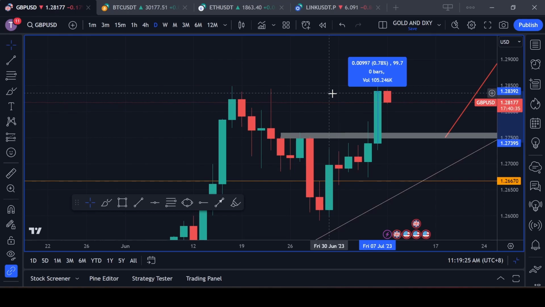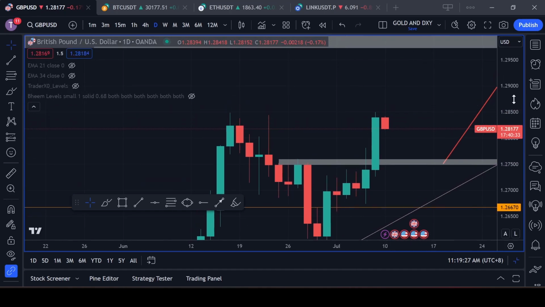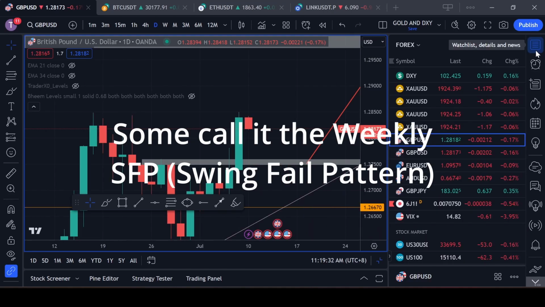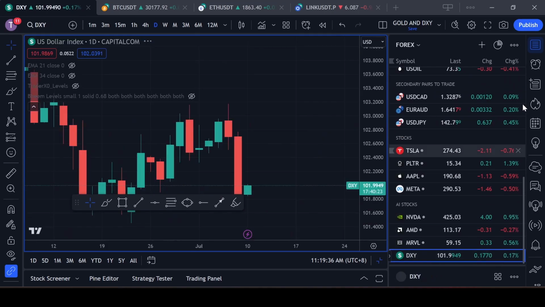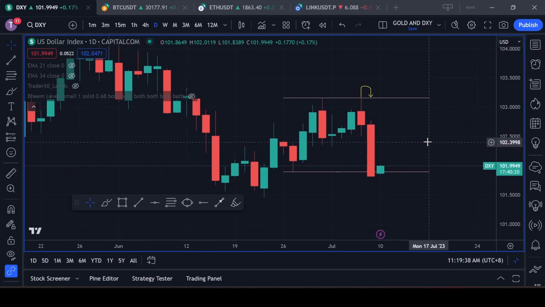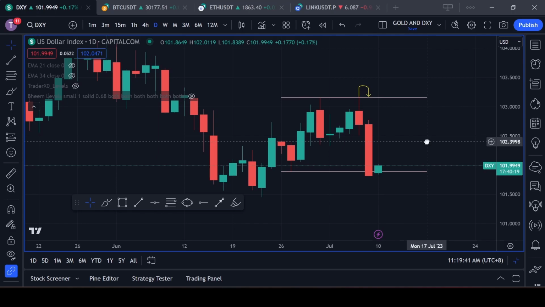Okay, so simply that's the weekly candle strategy. Basically, you're just waiting for the highs and the lows to come.